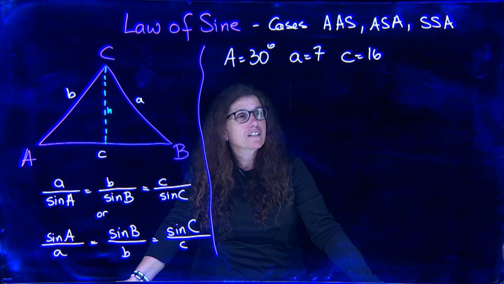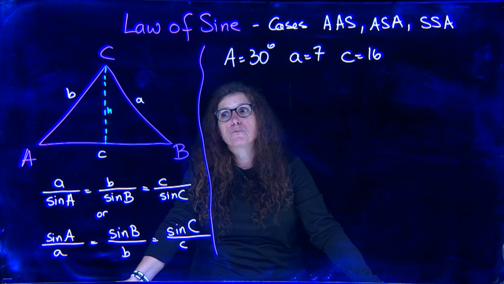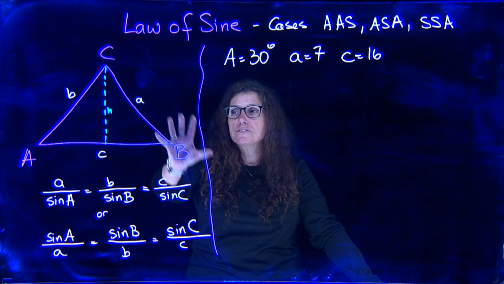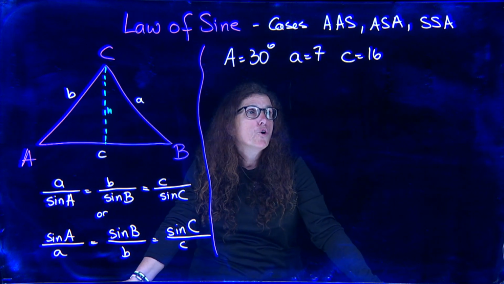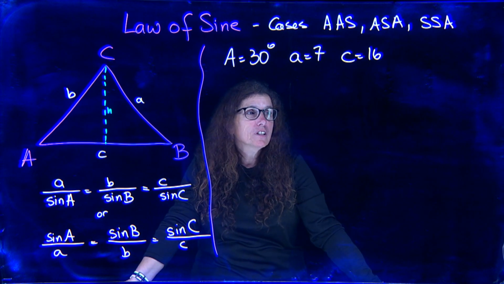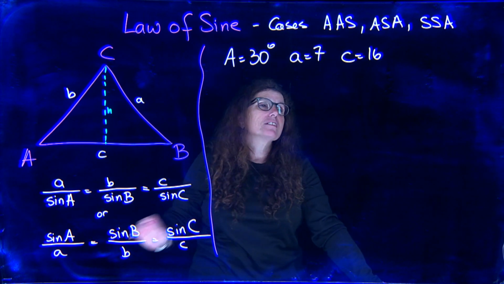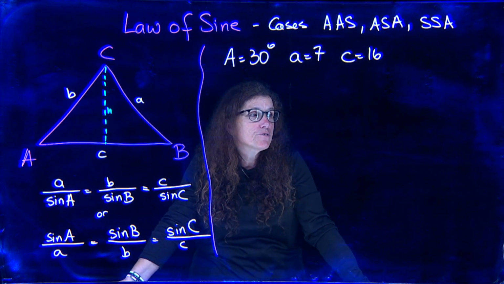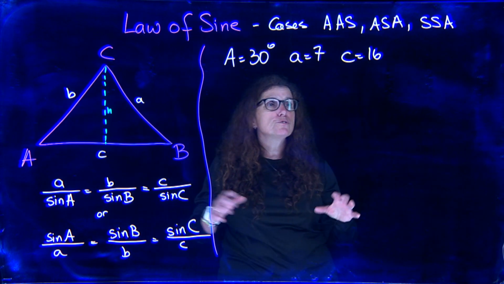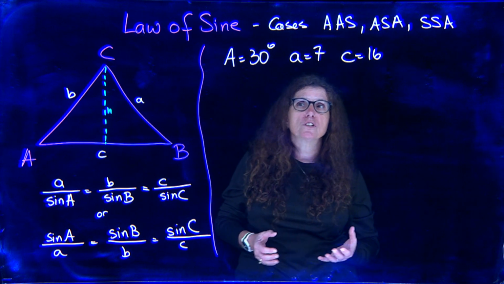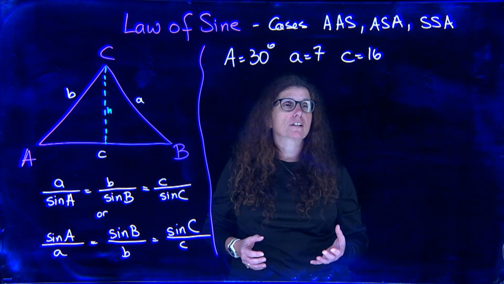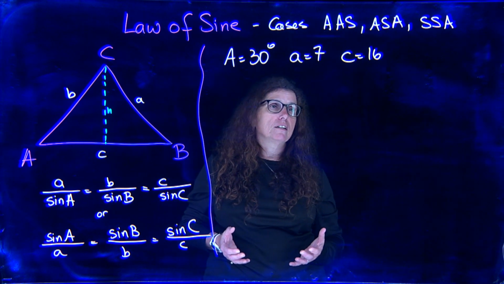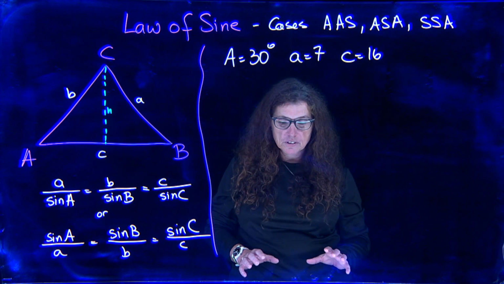Or you have the case where it just forms one triangle, like using the law of sine. Or you actually, with the measurements that are given to you, could come up with two different triangles with two different sets of measures for each side and for each angle. And that one I want to show you a little bit later.